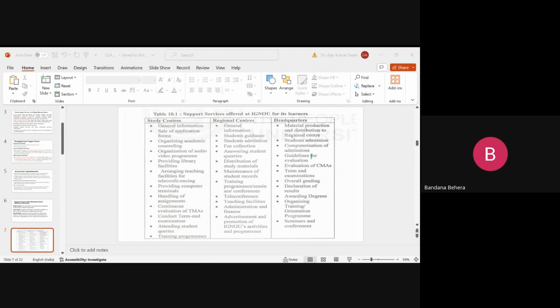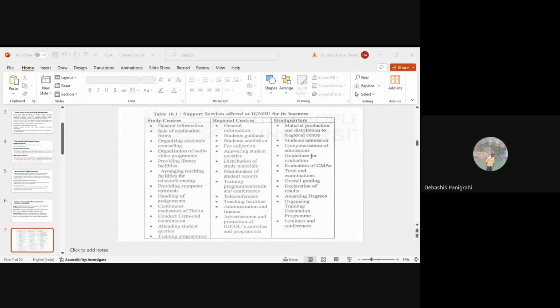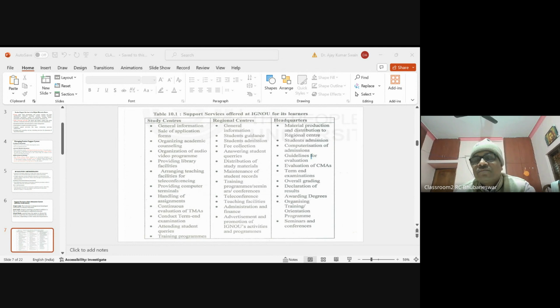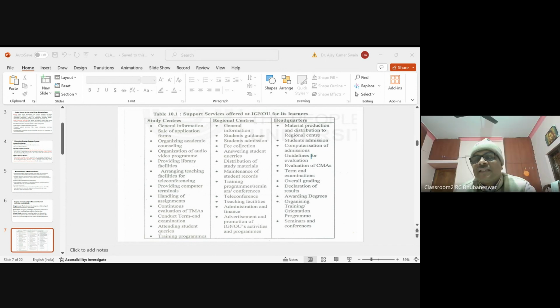Cuttack, Ravenshaw. Devasis, Nalini Devi. Dipti Rekha, Nalini Devi College. Dhirendra, which is your study center? MPC College, sir.